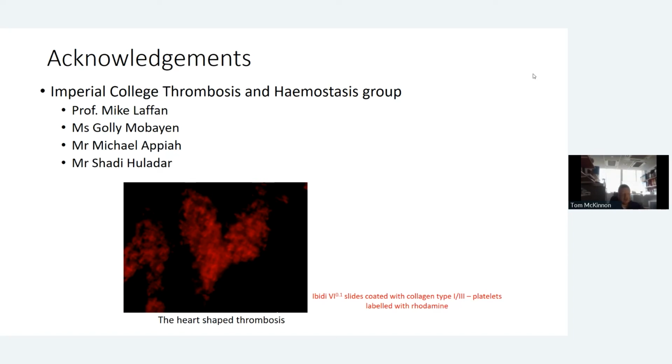At the highest shear rates, 1500 inverse seconds, it definitely wasn't due to von Willebrand factor itself. What we haven't done yet is we think that it may be due to ADAMTS13, so it may be due to the ability of ADAMTS13 to control how big those pseudothrombi are getting. So work which we're doing at the moment is working out what causes the variation.